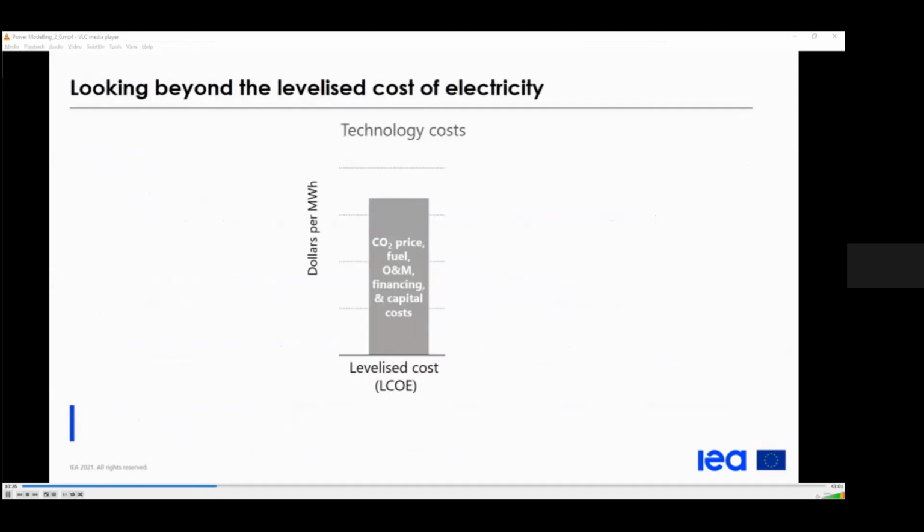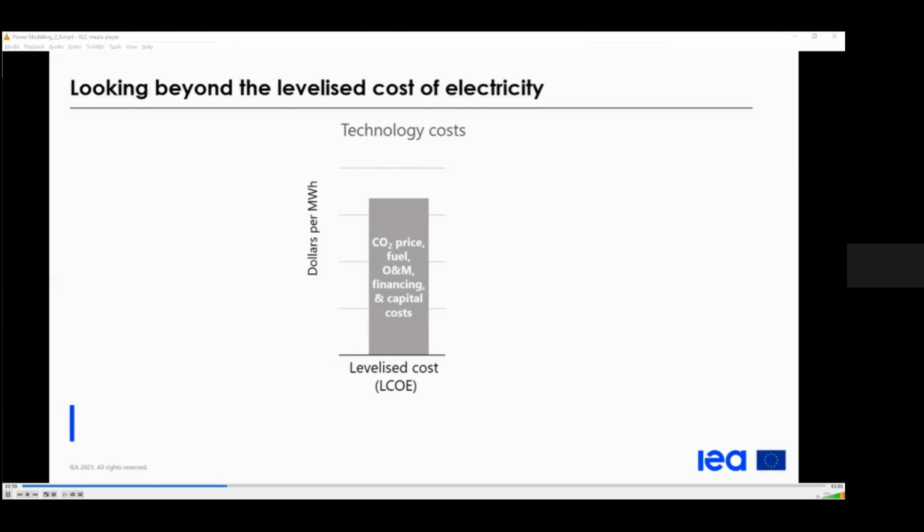It is using information from hourly modeling of electricity demand and supply, so that we can have information on how the power system operates on the hourly level, but also prices. And prices are really important to reflect the value of producing electricity in any given hour of a given year.